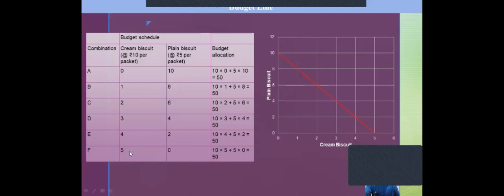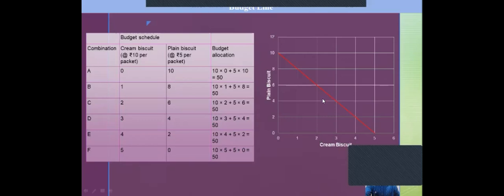So here the consumer can purchase different combinations, 4 packets from cream biscuit, and 2 packets from the plain biscuit, which is total 50 rupees spent for the combination of E. Okay, so if you move to the 4 and 2 in this diagram, you will also get the 50 rupees total spent.